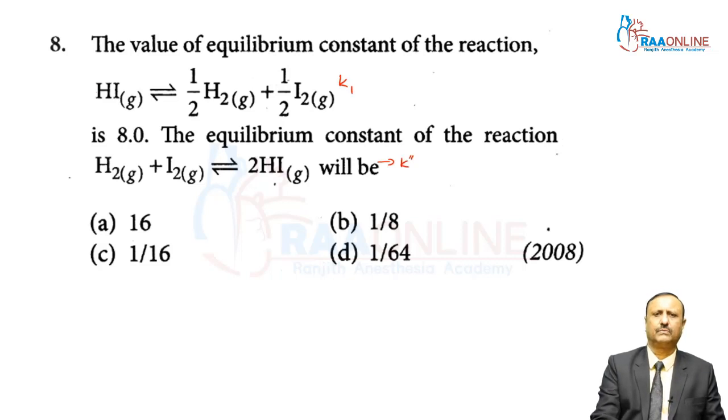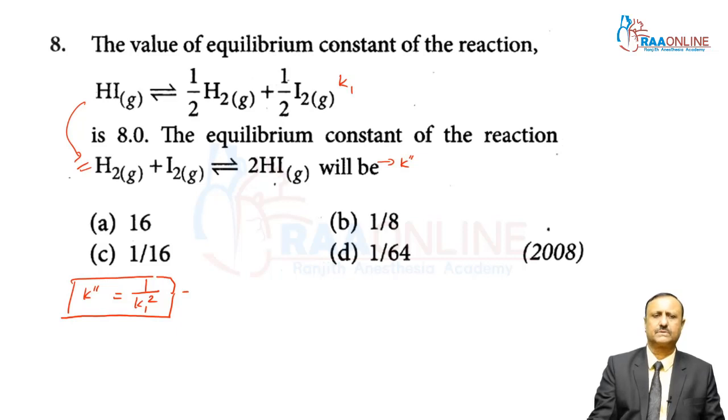When you reverse this reaction, K1 becomes 1 upon K1 squared, because the reaction is reversed and squared. So when K double dash is obtained, the reaction is reversed and squared. Your answer is 1 upon 8 squared, so your answer is 1 upon 64.